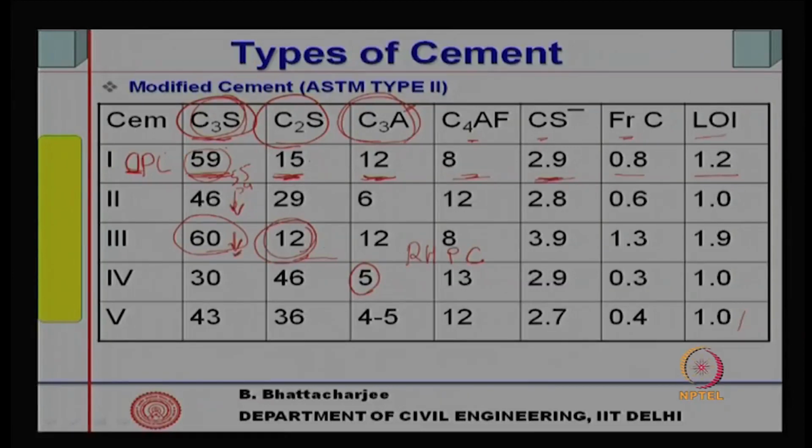So, it will have high early strength, long term strength would not be there as much, and C3A content is relatively high again, not very high, almost similar as OPC. C4AF content is almost similar, rest of the things are more or less similar.